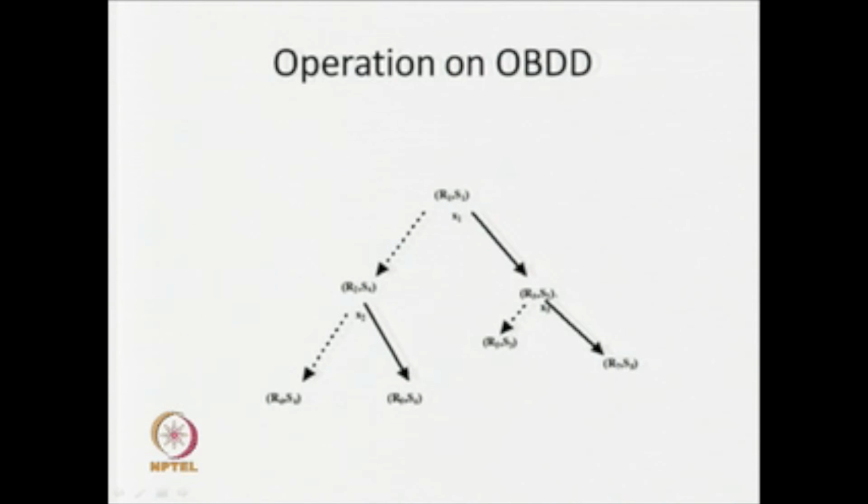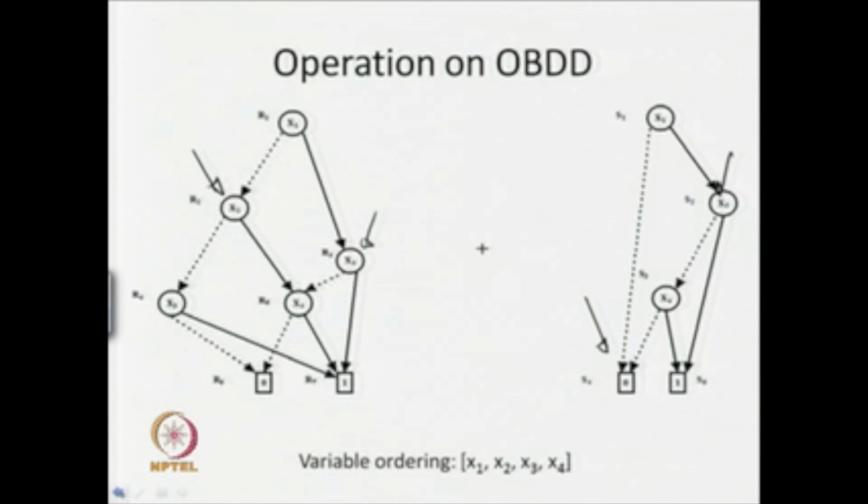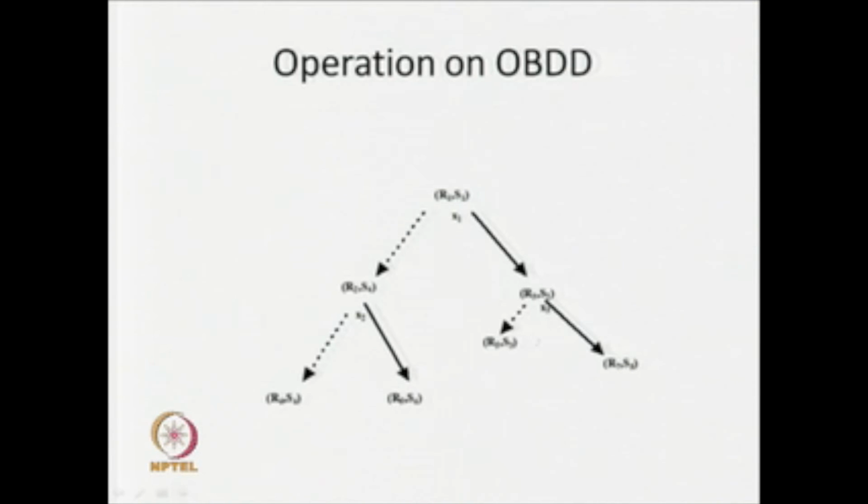Both are non-terminal nodes and we are going to get an x3 node over here, because this is x2 and this is x3 and this is also x3. So, I am going to create an x3 node over here, and we get these two dashed lines and solid lines. Now, R4 S4, R3 S4, R5 S3 and R2 S6.